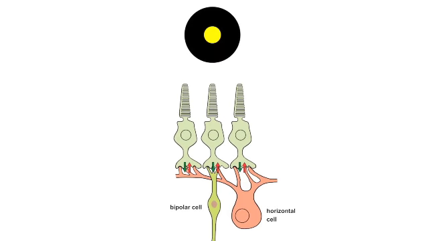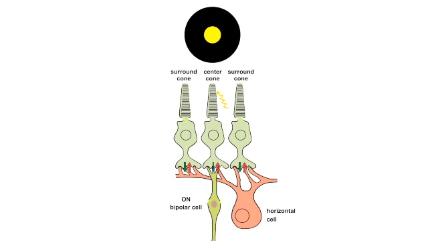In this schematized on-center off-surround circuit, a center cone is flanked by surround cones and connected to an on bipolar cell downstream. When only the on-center is illuminated by light, the center cone is hyperpolarized and therefore releases very little neurotransmitter. However, the surround cones are depolarized because they didn't receive light and therefore still release neurotransmitter.